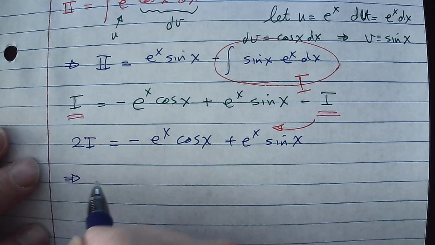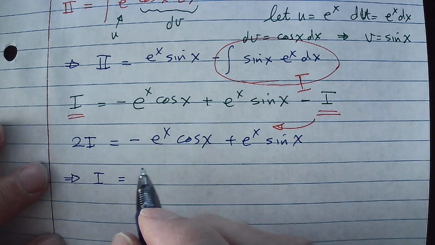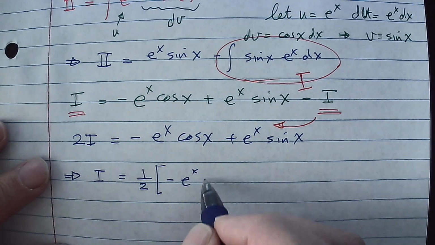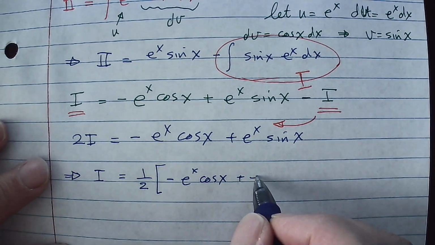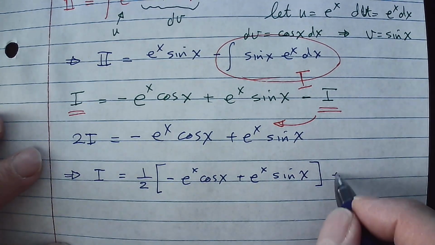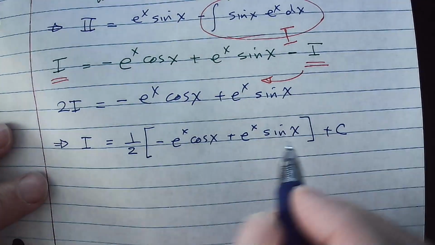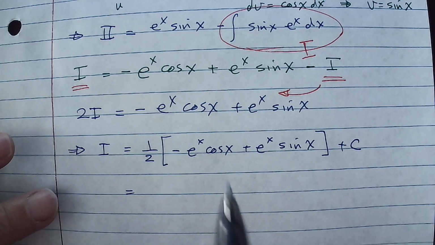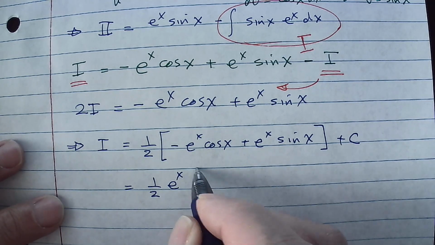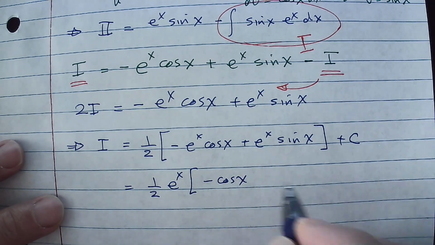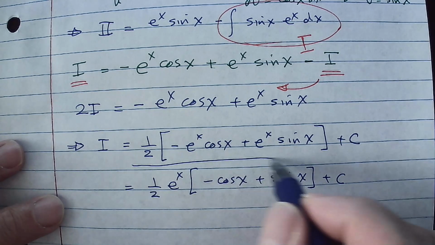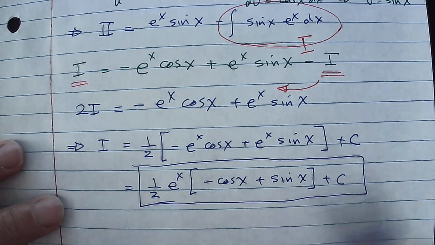And if I want I by itself, I just take 1/2 times negative e to the x cosine x plus e to the x sine x, and once I'm done, I will add c. This can further be simplified by taking e to the x as a common factor, and this becomes 1/2 e to the x times negative cosine x plus sine x plus c. Done.